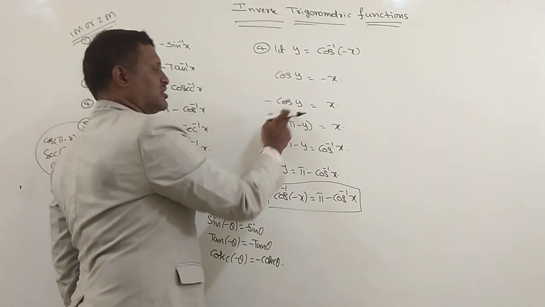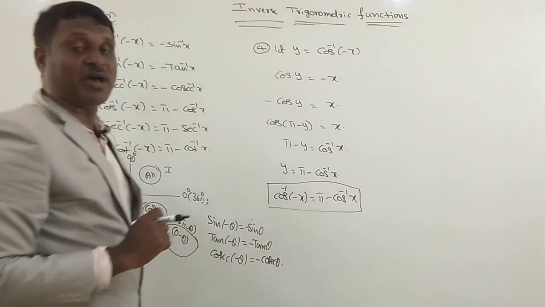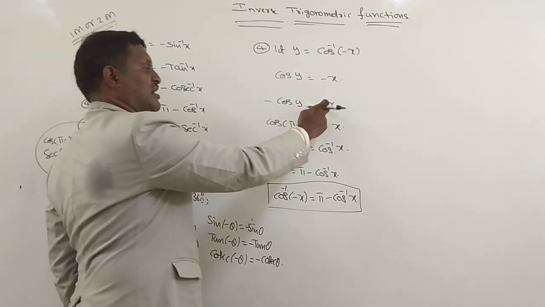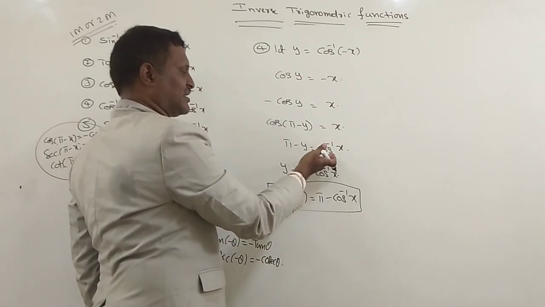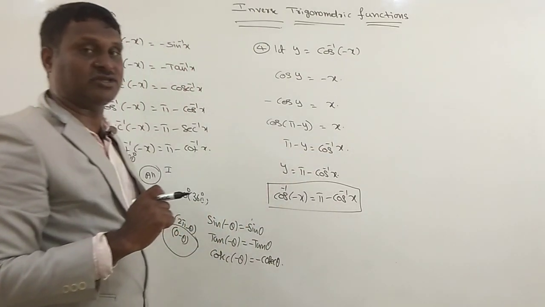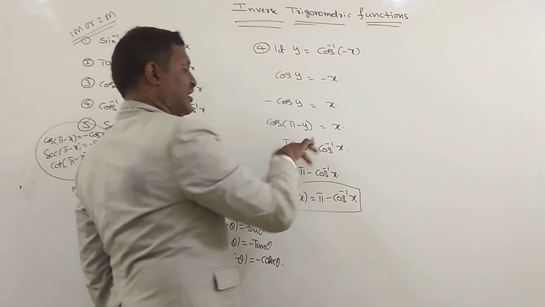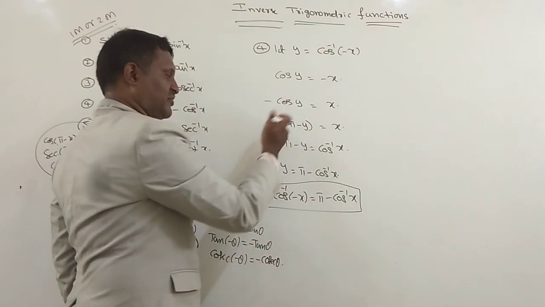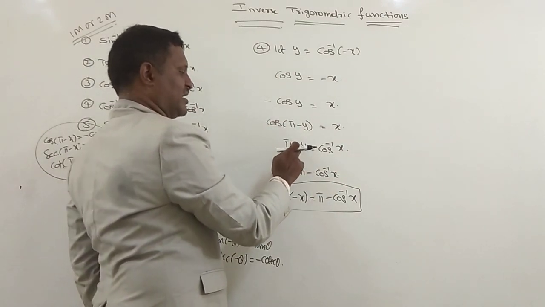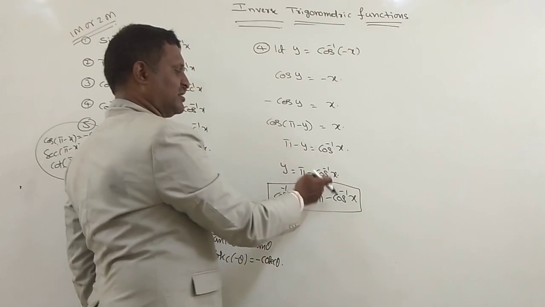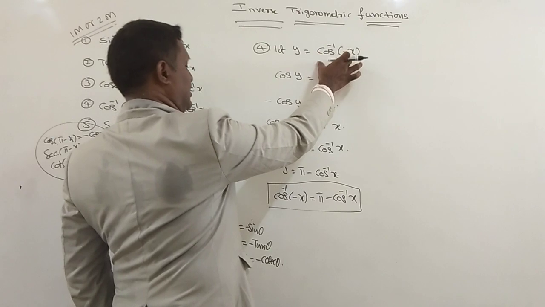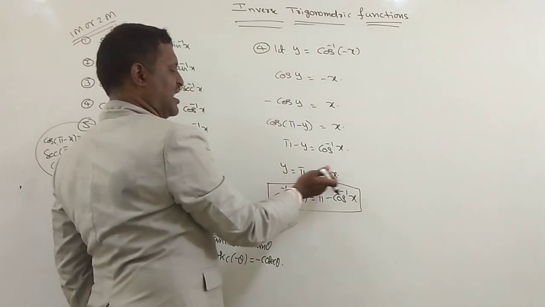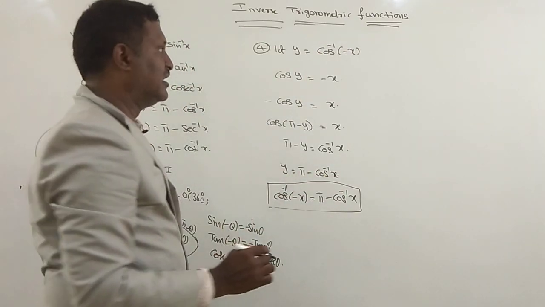Now minus cos y is cos of pi minus y, equal to x. Taking cos to the other side, we get cos inverse x, so y is equal to pi minus cos inverse x. What is y actually? Cos inverse of minus x. We can write it as pi minus cos inverse x.